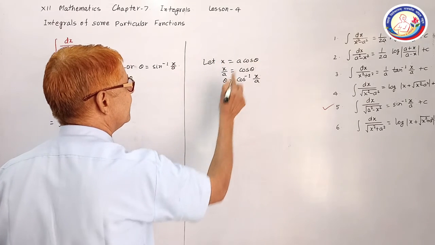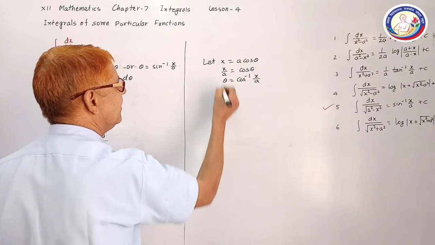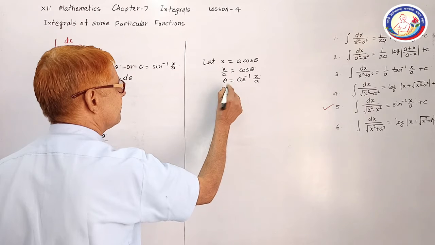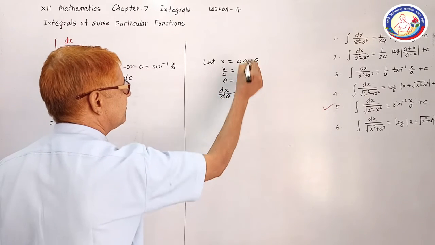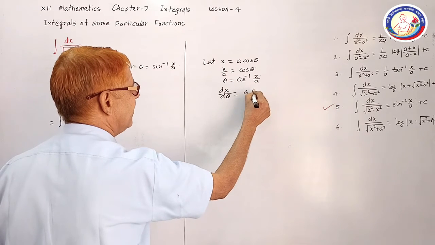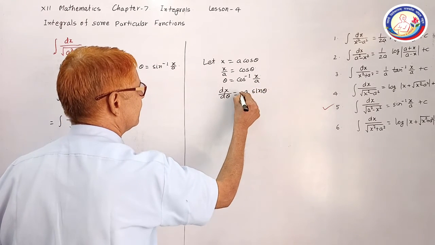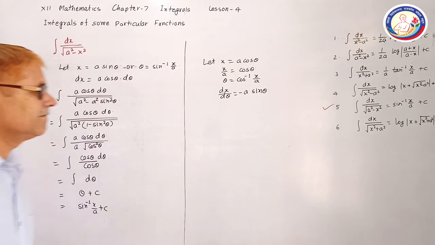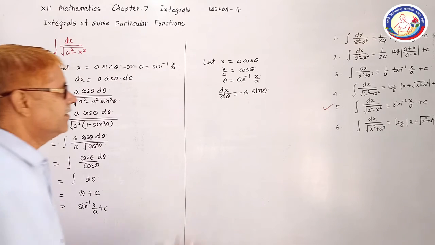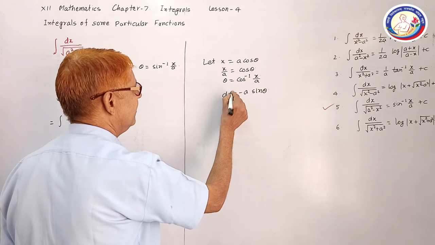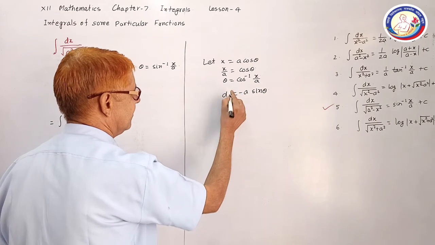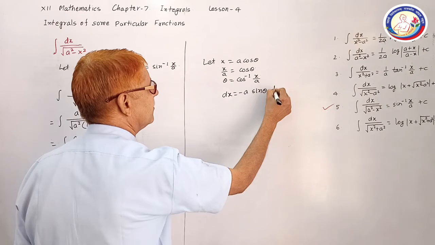Now find derivative of this with respect to theta. Differentiating both sides with respect to theta, we have dx by d theta equal to minus a sine theta, and we can write it directly as dx equal to minus a sine theta d theta.